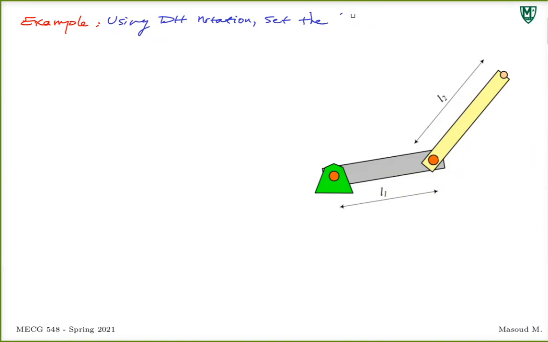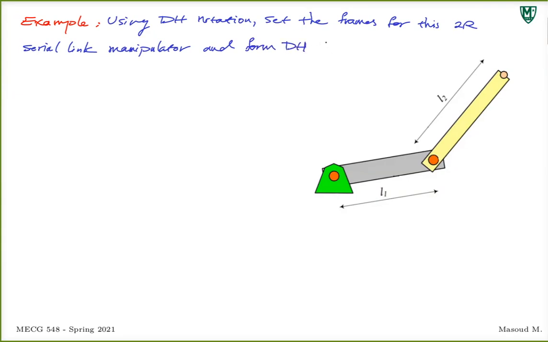You don't even need to be told this, but let me just set the frames for this 2 revolute joints, 2 serial link manipulator, and find, and form, even better, form the DH table. So we have to find those 4 parameters.